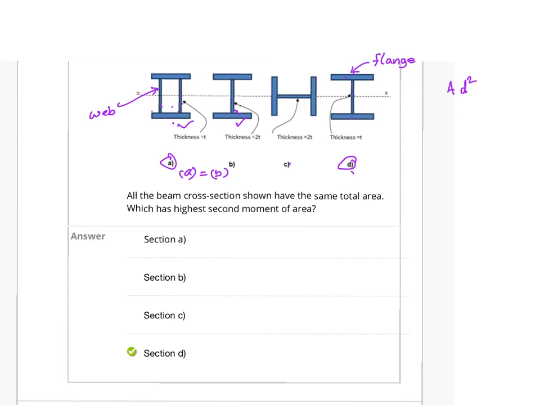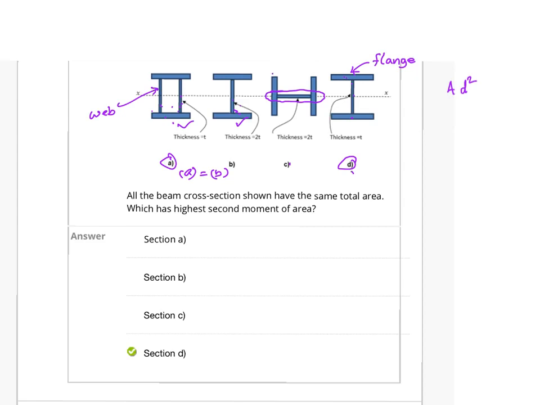Now what about C? We could see that much more area is concentrated around the neutral axis. So it is wasting quite a bit of area which would have contributed much more if it were further away from the neutral axis.